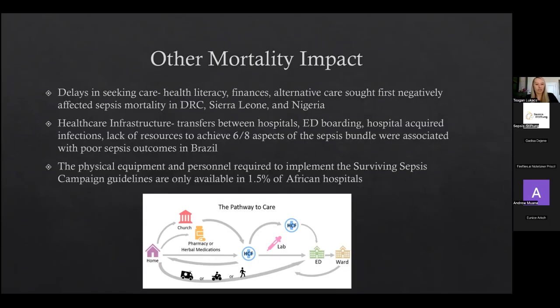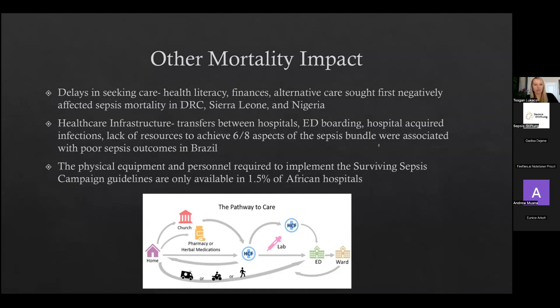One of the studies that came out of Brazil showed that transfers between hospitals led to higher mortality rates of patients with sepsis, but also ED boarding, how much time they spent in the emergency department when they had already been slotted to go to a ward or to an ICU. And then, of course, hospital-acquired infections and lack of resources.